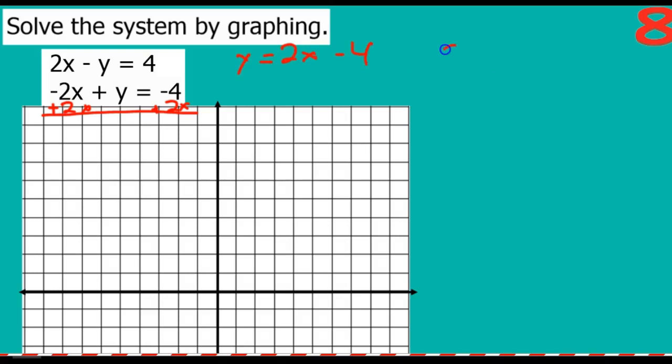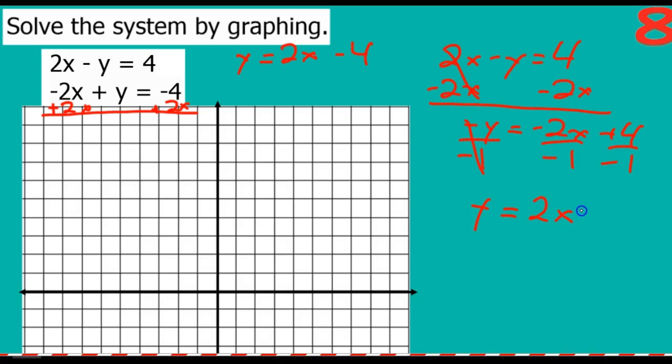Then if we take the top equation, 2x minus y equals 4, we subtract the 2x, and we get negative y equals negative 2x plus 4. y equals a positive 2x minus 4.